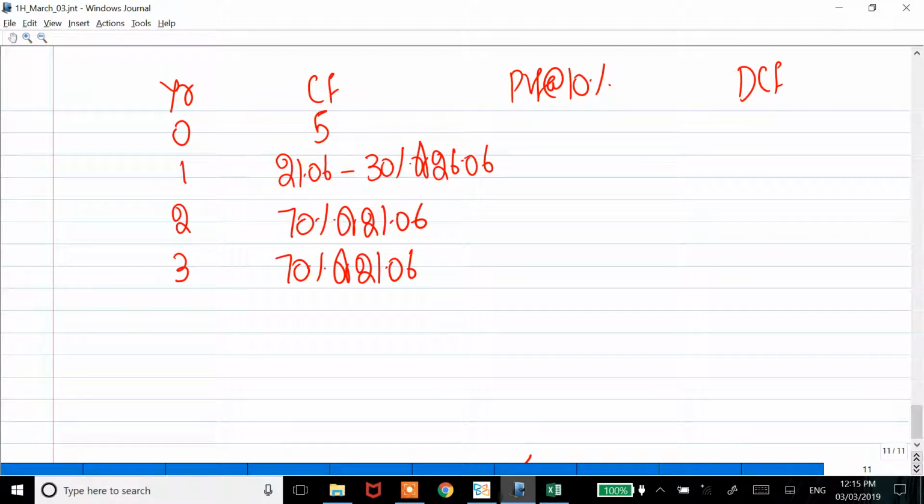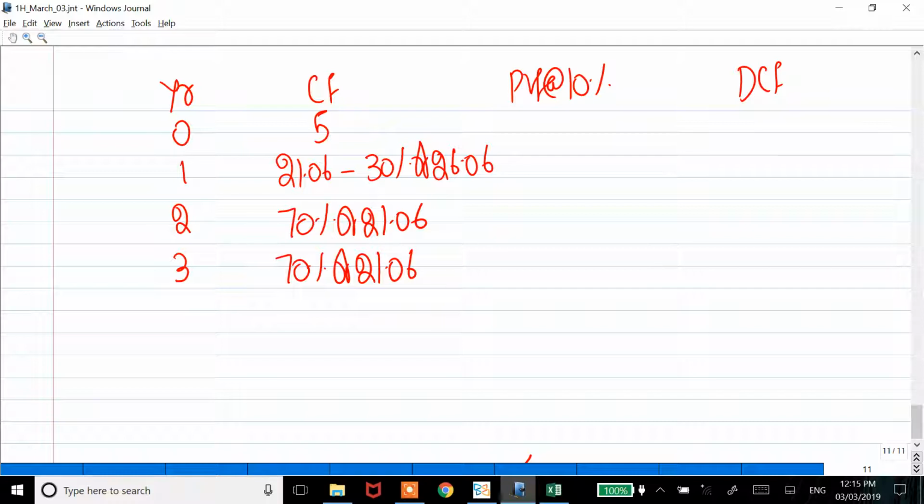In fact, it is 70% of 21.06. 70% of 5 is not possible to be written, so we wrote 5 fully and removed the 30% below. And PVF for 10%, follow whatever is given in the question.